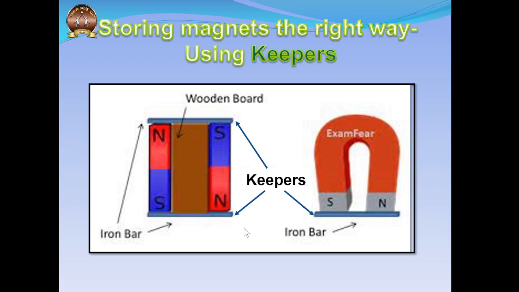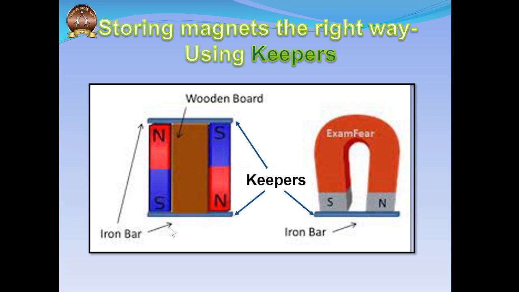Keepers are simply iron bars which stick on to the poles of a magnet to protect them. And bar magnets are always stored in pairs so that the north and south poles attract each other and they stay together, but at the same time they are separated using a simple wooden board.